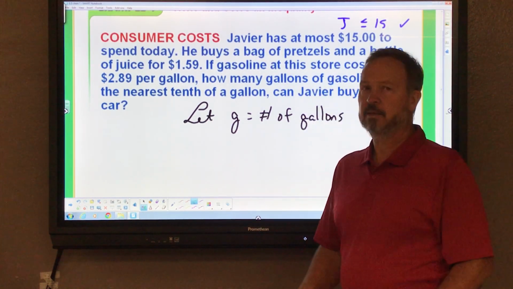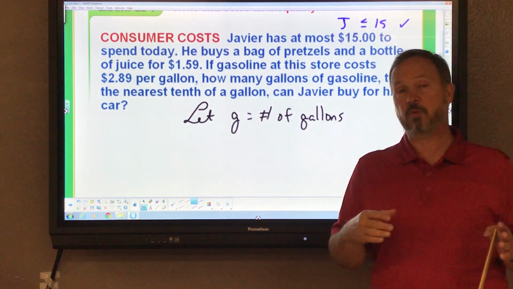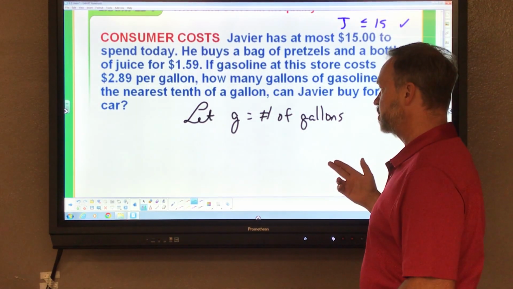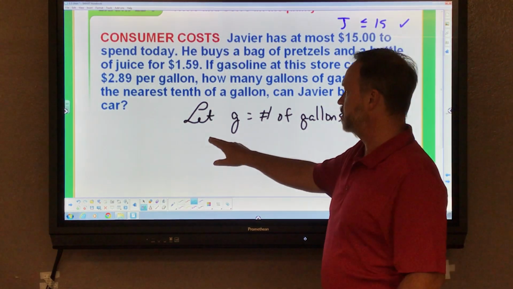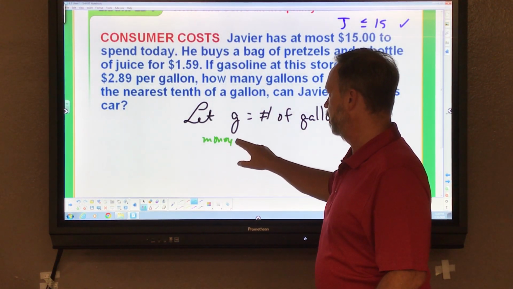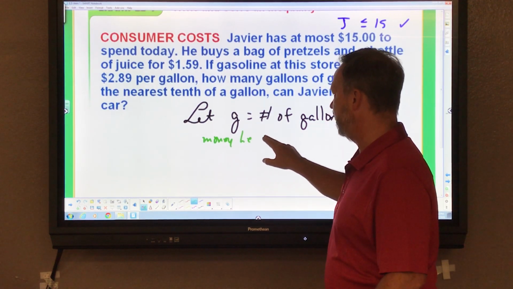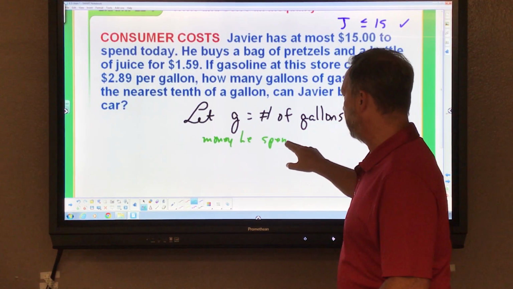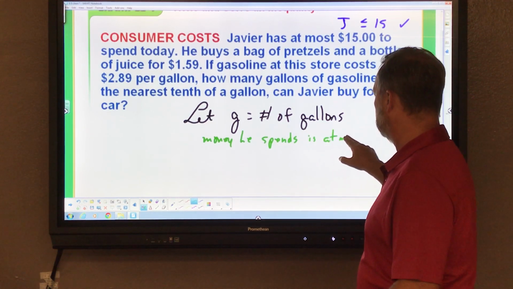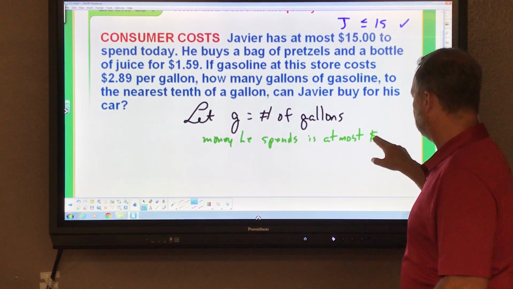Okay? So now we're gonna write an inequality, normally an equation or inequality. Does it make sense that the money he spends, I'm just writing this as a concept, money he spends is at most $15?